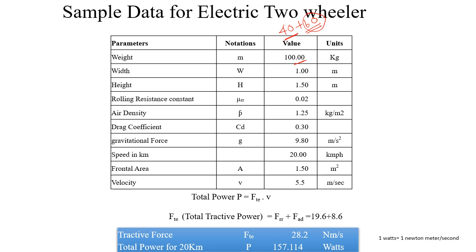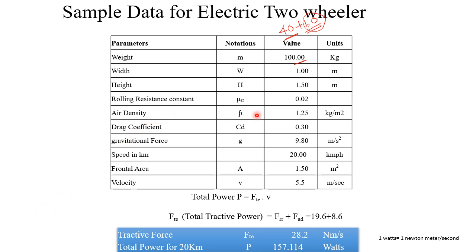And if the weight goes above this, then the motor will face difficulty in moving the body. All right. Then let's consider the width as 1 meter. Then let's assume the height as 1.5 meter. Then the rolling resistance constant mu rr is equal to 0.02. This is the rolling resistance constant for, I think, a road made up of rolled gravel, right?